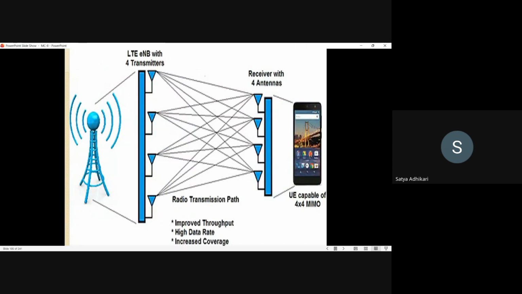So the benefit we get here is improved throughputs and obviously high data rates. So you see data is transmitted and split into different streams, and it is recombined at the receive site using radio configured antennas.